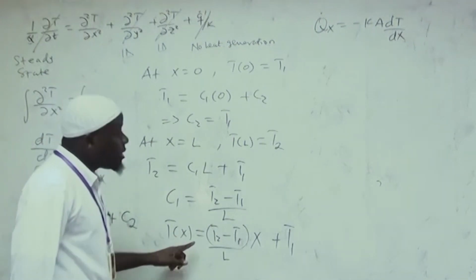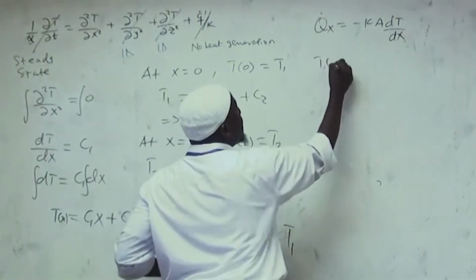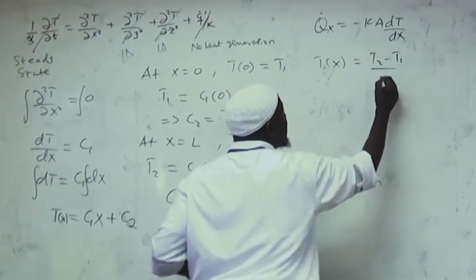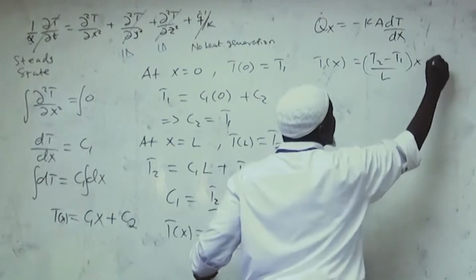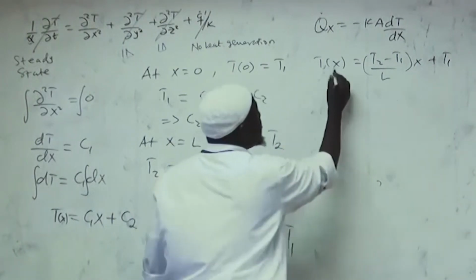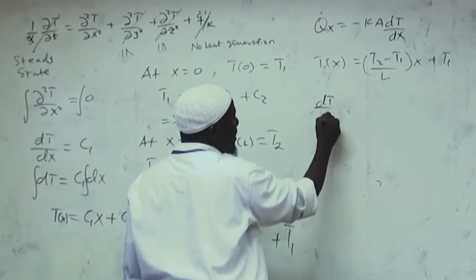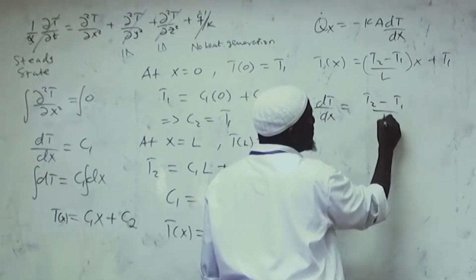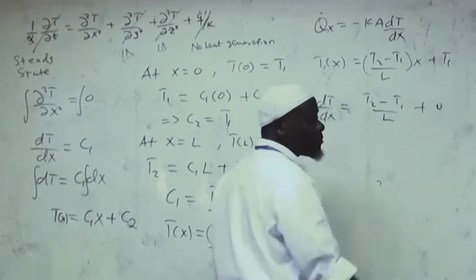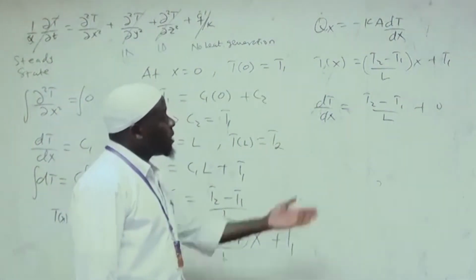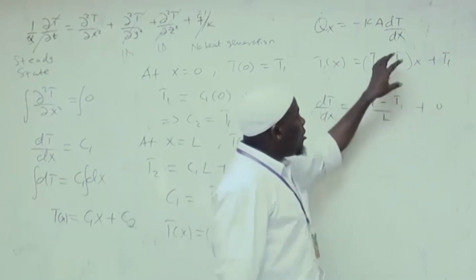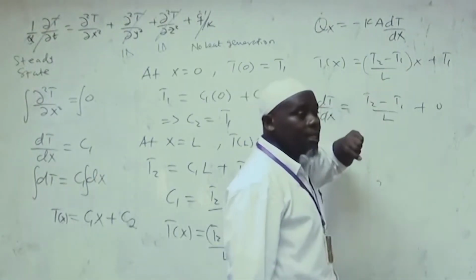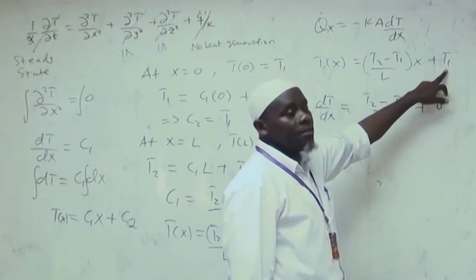If I differentiate this function, T(x) equals T2 minus T1 over L times x plus T1, then dT over dx is T2 minus T1 divided by L, plus 0. So temperature is constant. All these parameters are constant, only x and temperature are changing. So this is also constant.